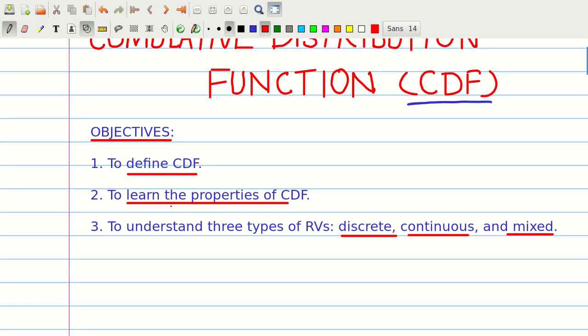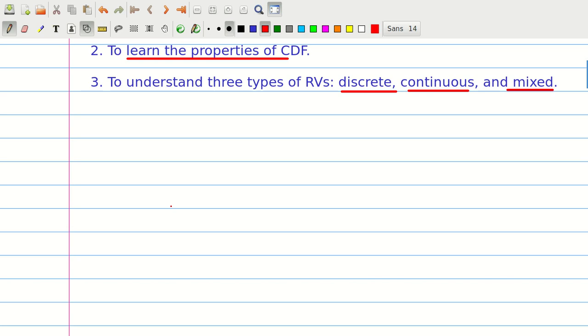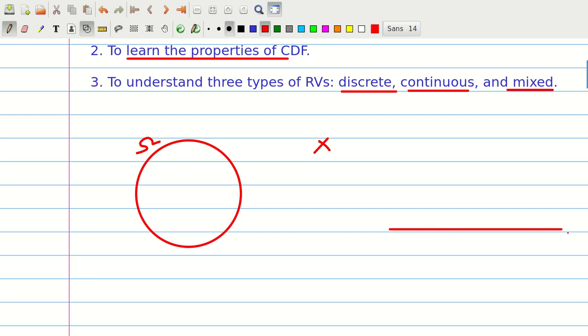In a previous module, we had defined the term random variable as a mapping from some sample space onto the real line.